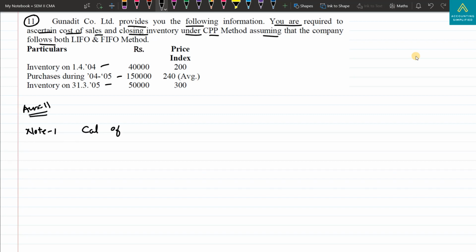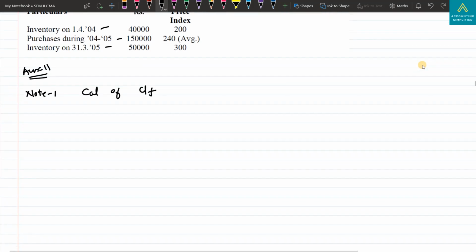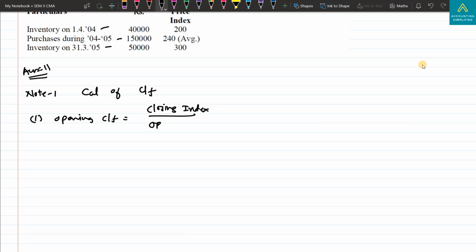So note 1, calculation of conversion factor. The first is opening conversion factor. Opening conversion factor is closing index divided by opening index, is equal to 300 is closing, so 300 divided by opening 200, it's 1.5. Now second, average conversion factor is equal to closing divided by average.